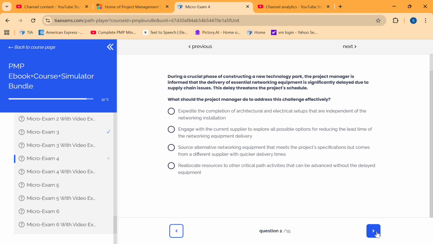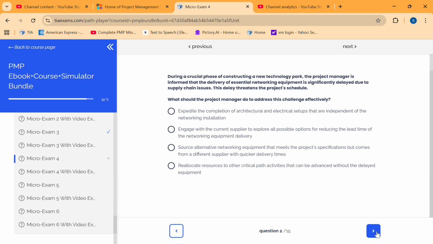During a crucial phase of constructing a new technology park, the project manager is informed that delivery of essential network equipment is significantly delayed due to the supply chain issue. Okay, the delay threatens the project schedule. What should the project manager do to address this challenge effectively? Expedite the completion of architectural and electrical setups that are independent of the networking installation.